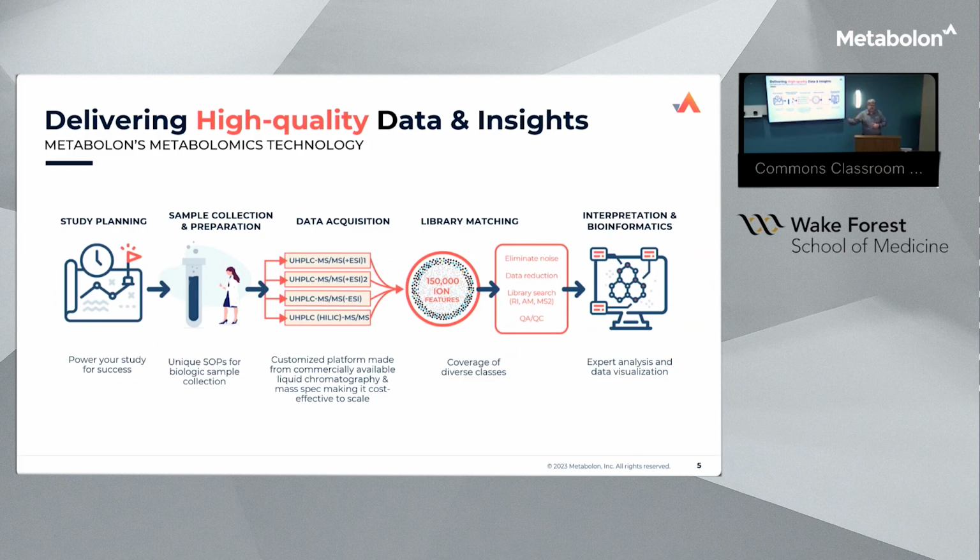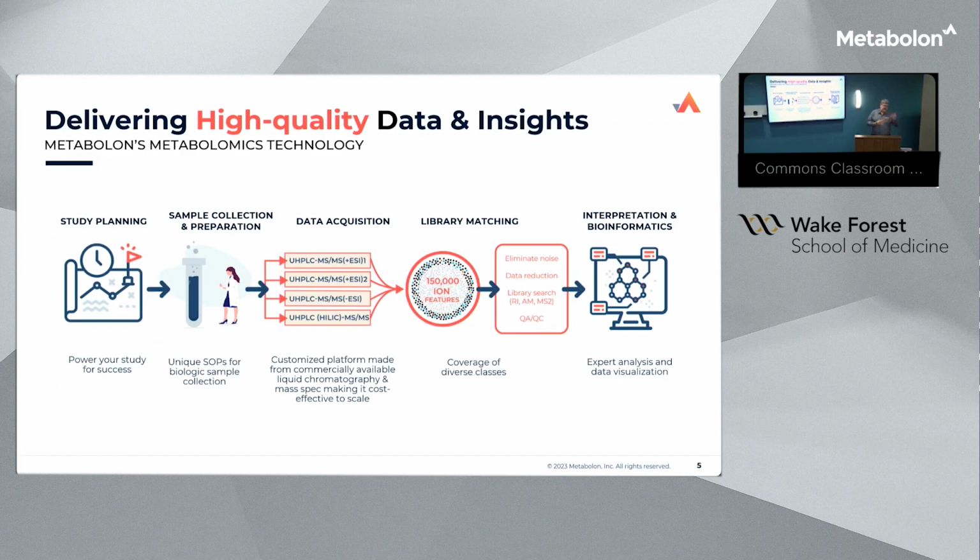We take all of that into consideration with our clients and advise them correctly on that, and then we can progress to the next step, which is really receiving those samples pre-processed, and we would then at Metabolon process these for metabolomics purposes, and then that goes onto our platform. So our platform consists of 4 different arms, and this really allows us to have that wide chemical diversity measurement that we provide.